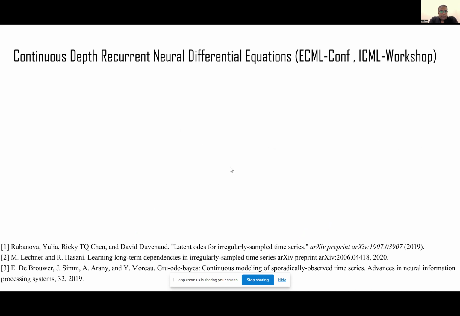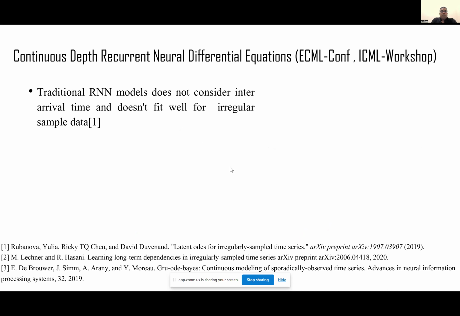Here is another work, continuous depth recurrent neural differential equation. This part of the work got accepted at an ICML workshop, and the full paper got accepted at the ECML conference. Traditional recurrent neural network models do not consider inter-arrival time.